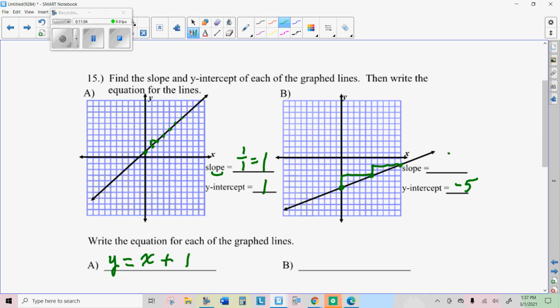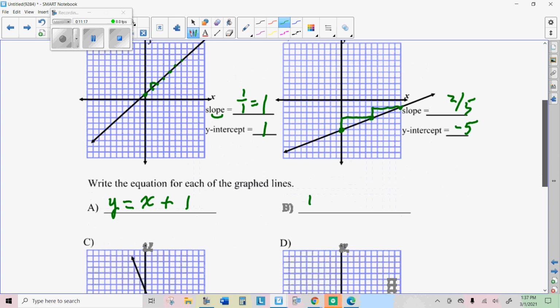So our slope, and remember to look at the line and decide whether it's positive or negative, is positive because as x goes up, so does y. And then the equation is y equals, put your slope in front of the x, and then you can add -5, but I'm lazy, so I'm just going to write -5 because adding a negative is the same as subtraction.